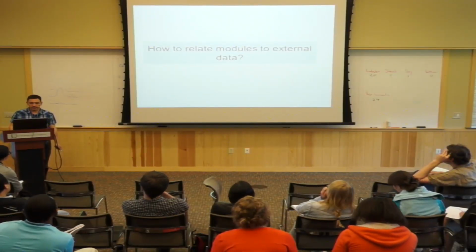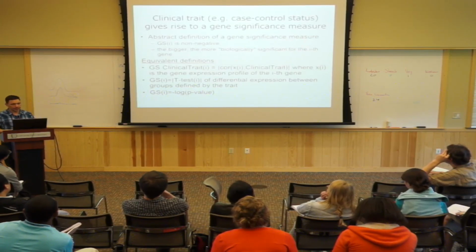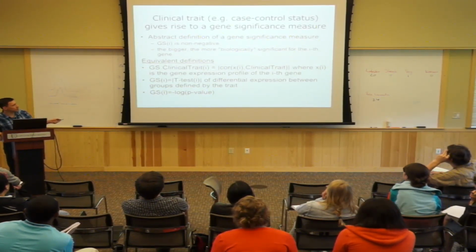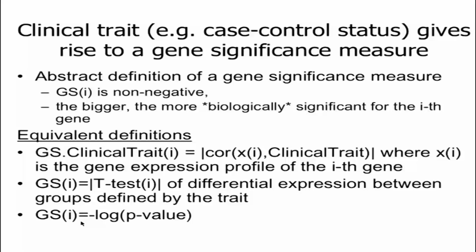How do we relate modules to external data? So let's say we have a clinical trait, for example, body mass index. One way to do it is, you correlate each individual gene with this clinical trait and you take the absolute value. And that is what we call a gene significance measure. Why? Because it measures how significant the gene is for body mass index.